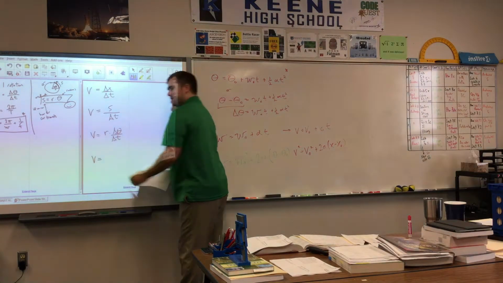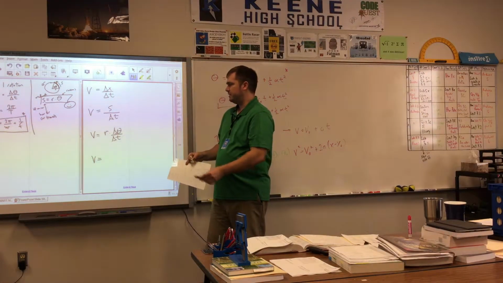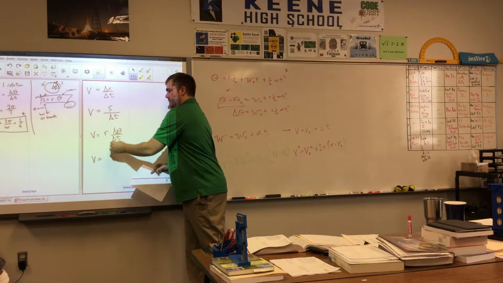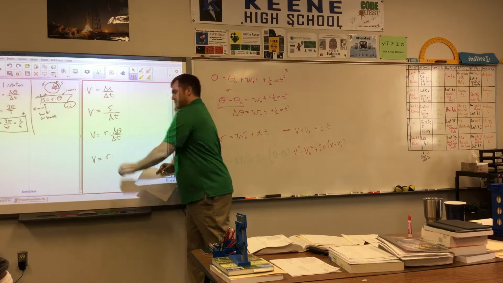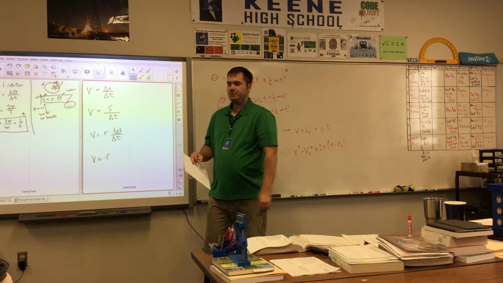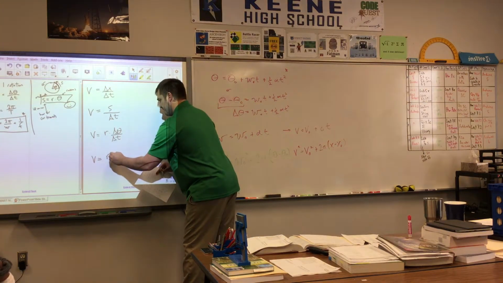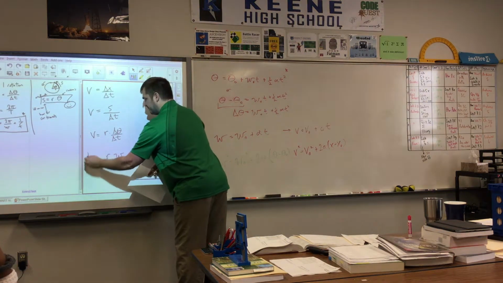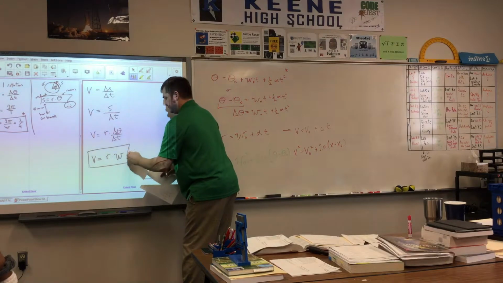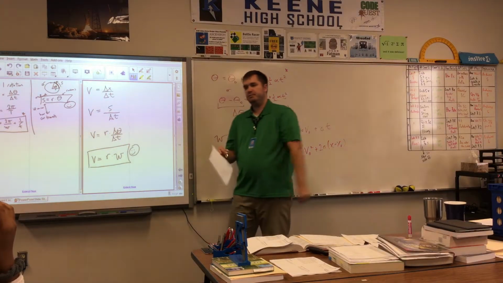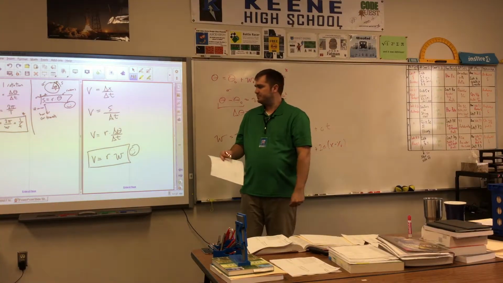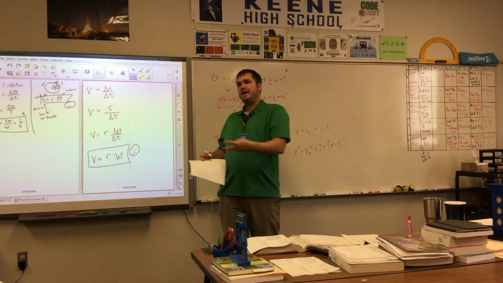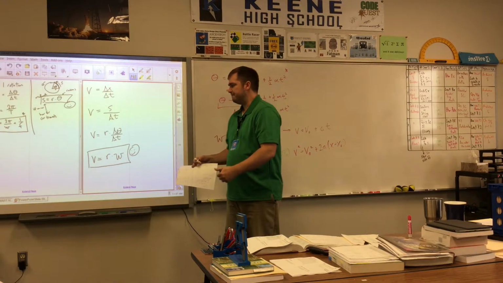So, the velocity of that point, does this look familiar to anybody? Delta theta over delta t? It's omega. That's happy formula number 2. It's a connecting formula, a linking formula.